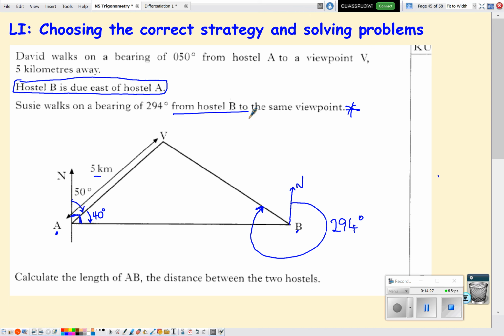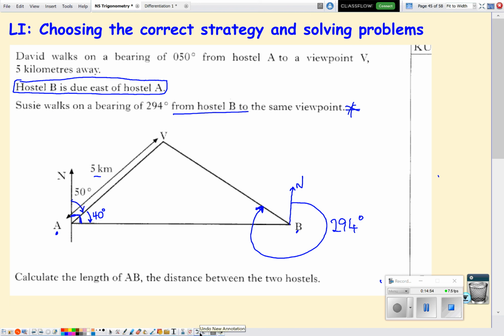So if you're standing at B facing north, then you would need to turn through a bearing of 294 degrees to face point V. So remember, bearings are always measured clockwise from north, right? Even although it would be clearly more efficient to go that way, bearings are always measured clockwise from north. So that's 294 round to there.